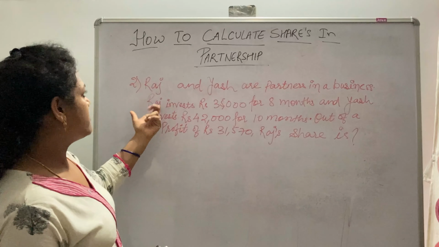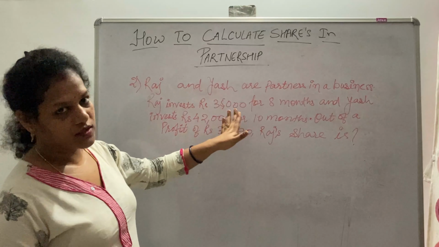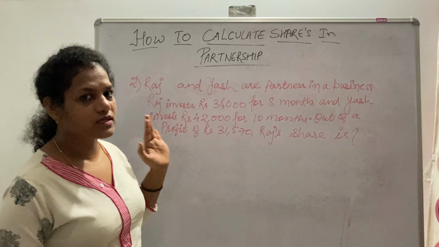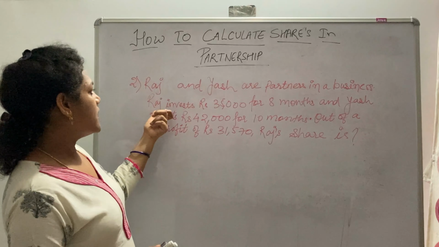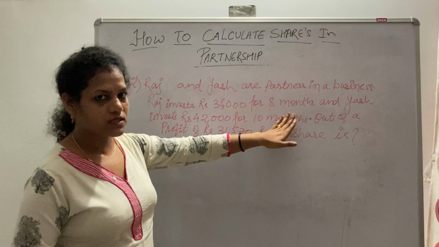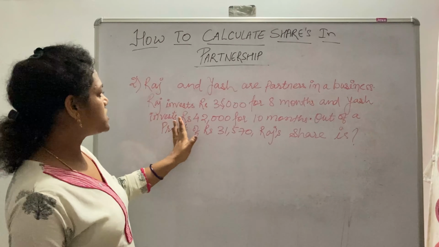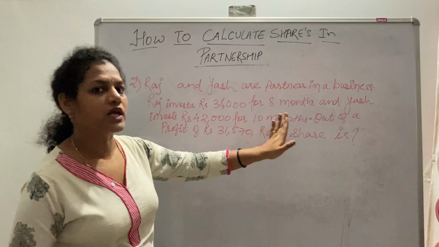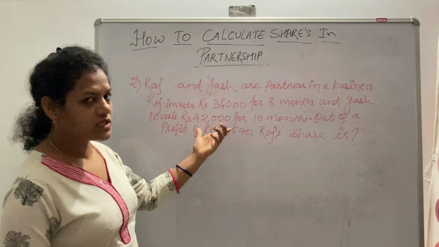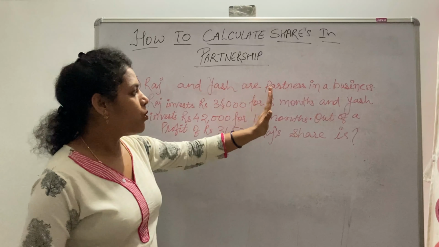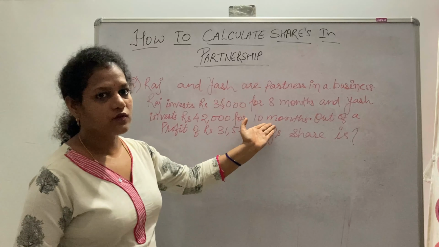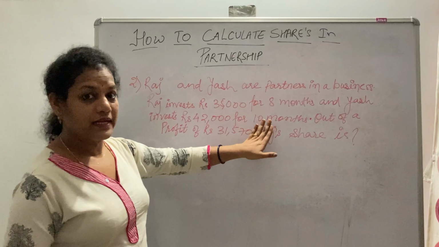So see friends, example: Raj and Yash are partners in a business. Raj invests rupees 35,000 for 8 months, and Yash invests rupees 42,000 for 10 months. What I am saying is that they both invested money, but one person invested for 8 months and the other for 10 months.